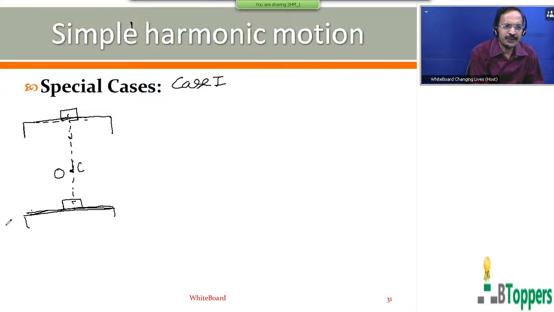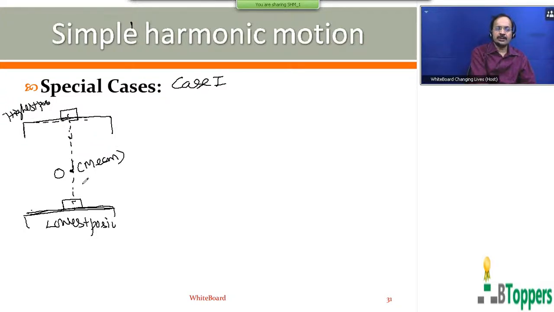So this is the lowest position. During the oscillations, this is the position of the platform at the highest position. And Y is the mean position for oscillations. So two forces act on the block in the vertical direction at any instant.